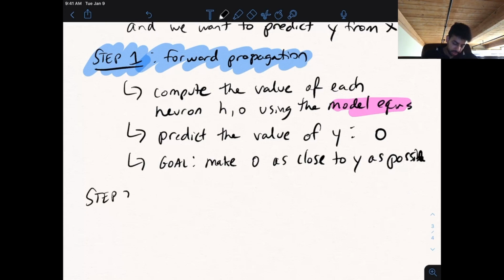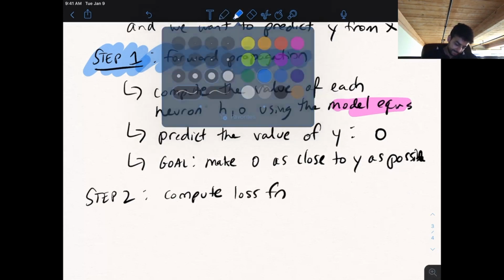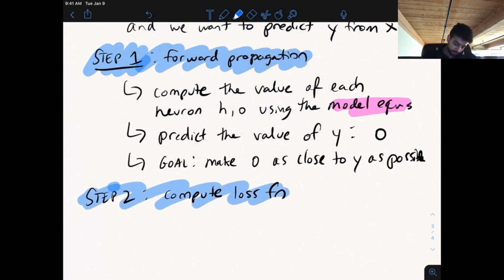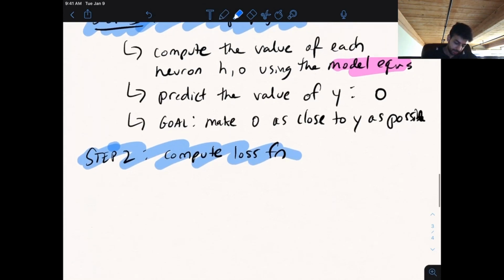Step 2, compute the loss function. This is going to measure that closeness.